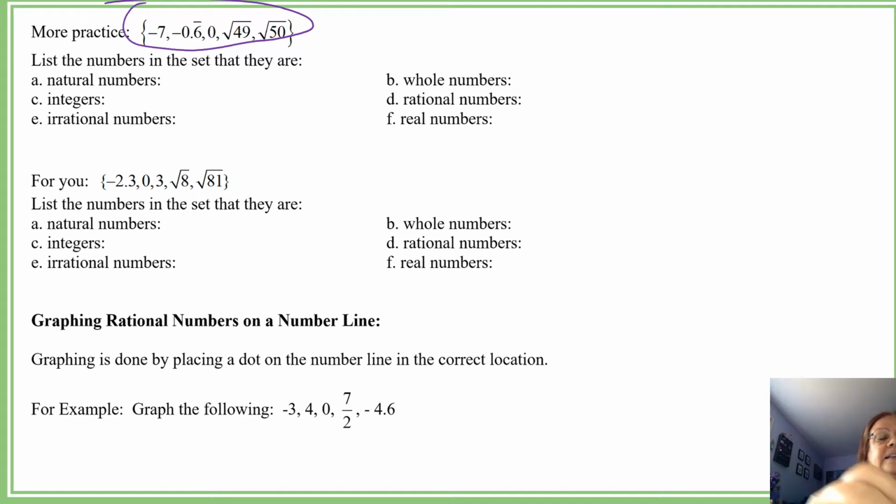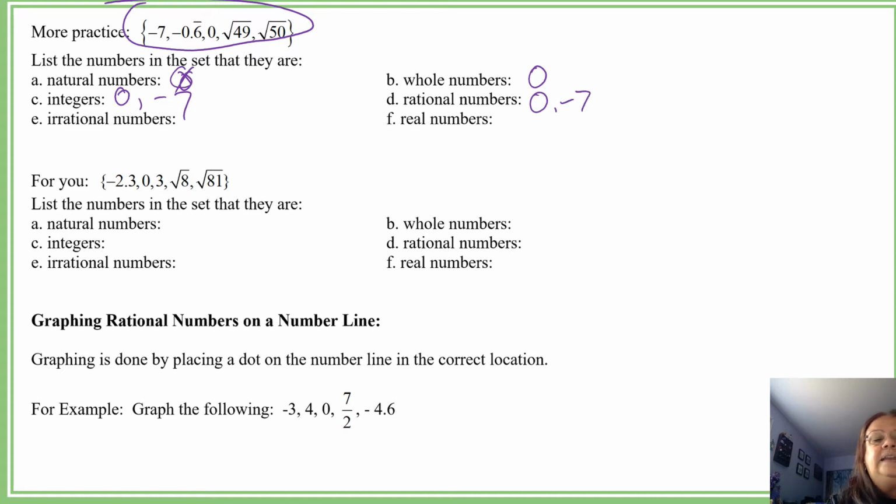Looks to me like you don't have any natural numbers. It's supposed to be 0 with a line through it. Okay. Integers, non-decimal. So I'm going to have 0 and -7. Sorry, whole numbers had just the 0. Rational numbers, 0, -7. So it's this previous list.